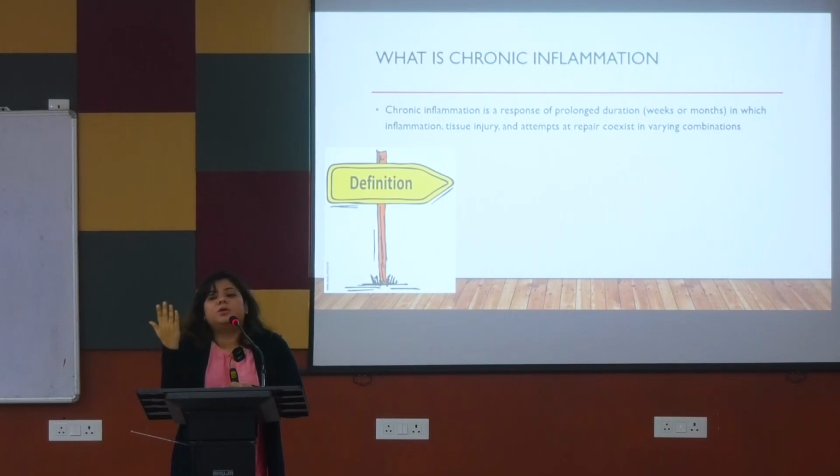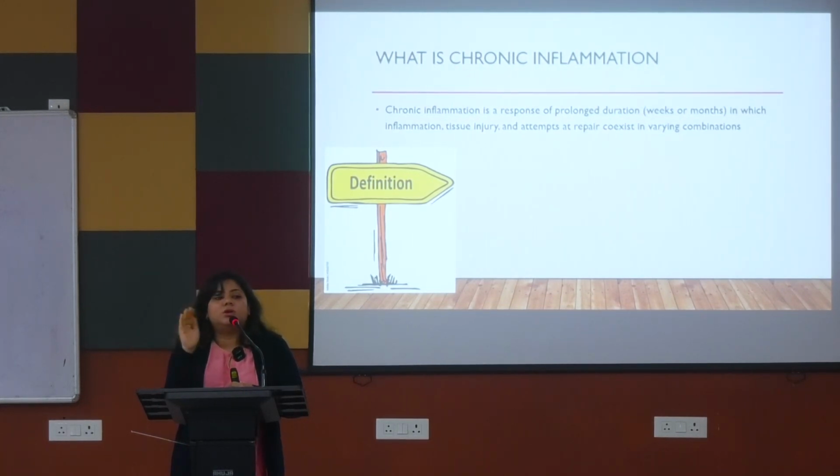There will be multiple chronic inflammatory cells. The chronic inflammatory cells are firstly macrophages. They are the most important chronic inflammatory cells. Now along with macrophages, there will be lymphocytes, right? Both T and B lymphocytes. Along with that, there will be plasma cells, eosinophils, mast cells. Along with that, you can also have neutrophils.